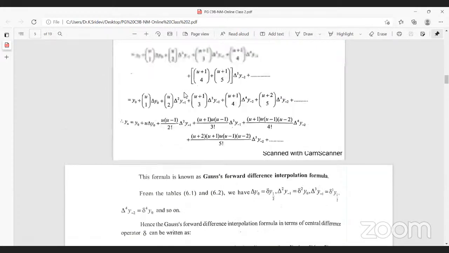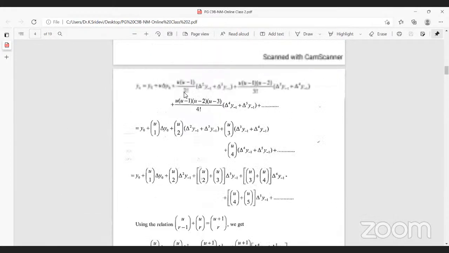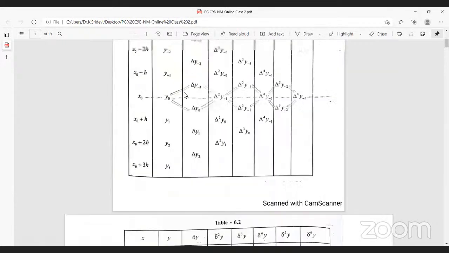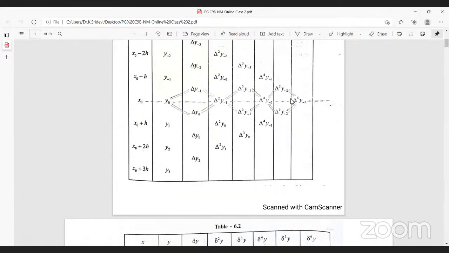So now in the formula, which involves the forward differences, if you observe in the table, this is the central line and this is below the central line. This is the first term in the formula, this is the second term, this is the fourth term, this is the fifth term, like this.